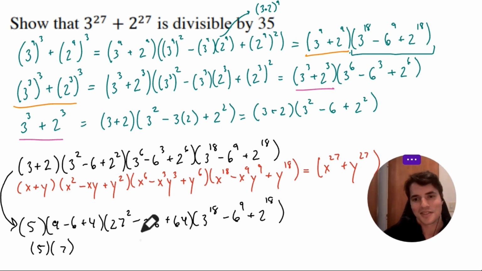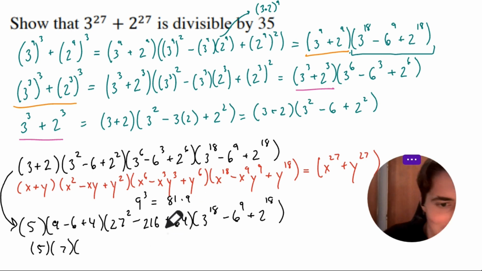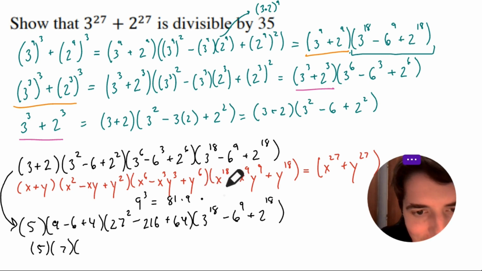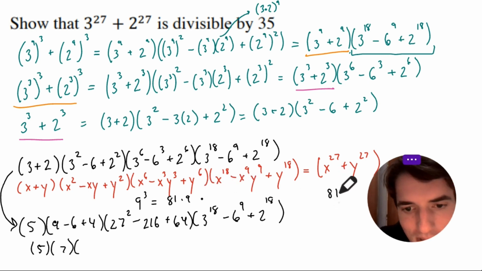27 squared, I don't know. We could think of it as what? As 9 cubed, which is 81 times 9. Okay, we can do it. So this is 81 times 9.